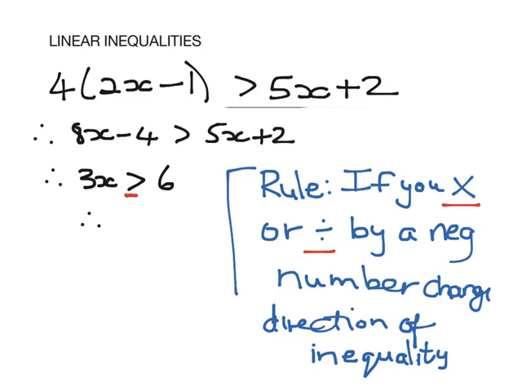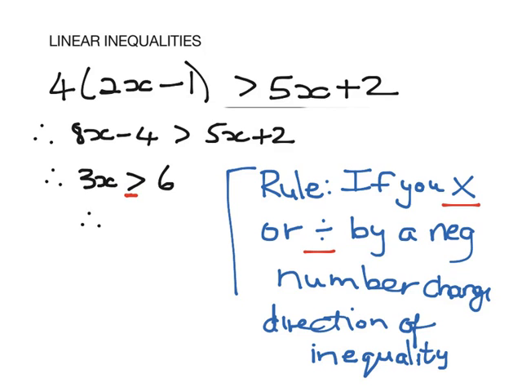In this case, what are we going to divide by? If you multiply or you divide by a negative number, then we change the direction of the inequality sign. In this case, what are we going to divide by? Negative 3.